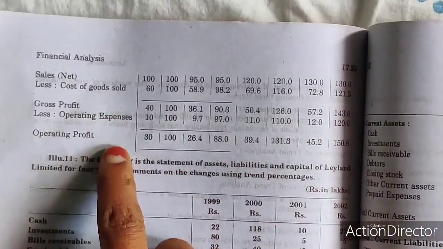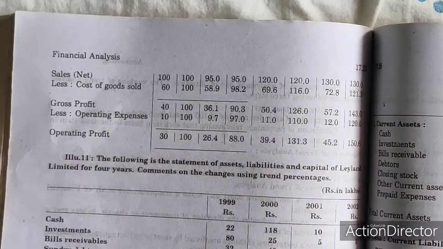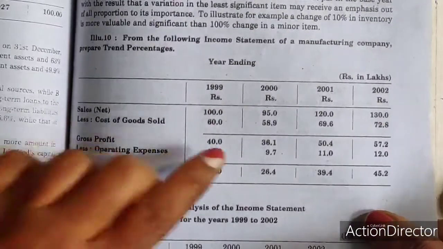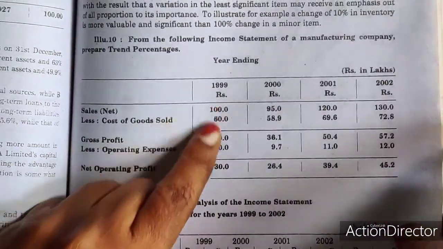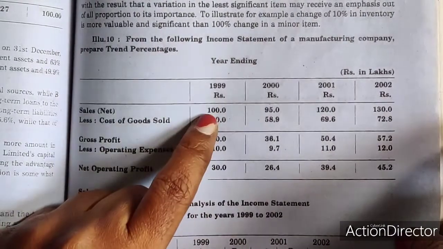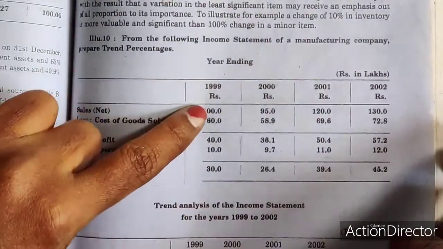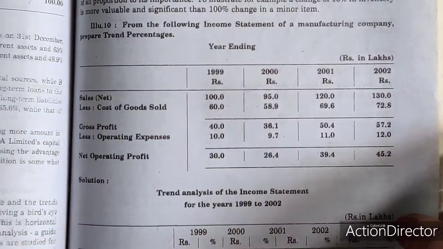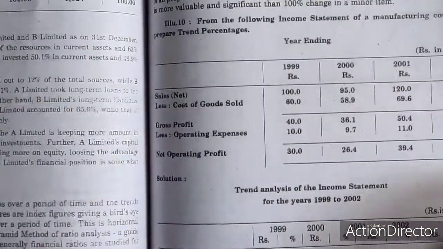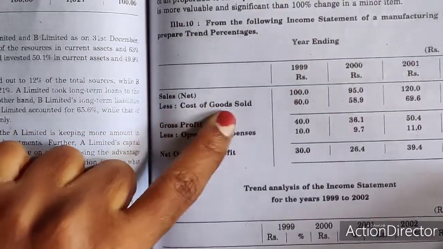In this, we have taken 1999 as the base year. For this base year we have set all the values to 100: 100, 60, 40, 10 and 30. That is the sales amount less cost of goods sold.